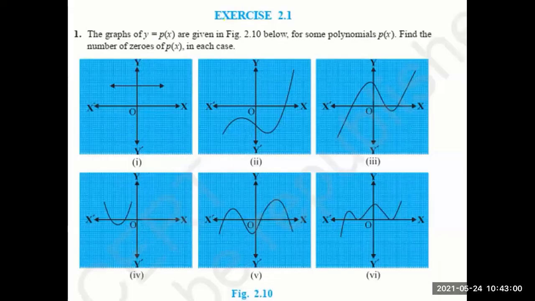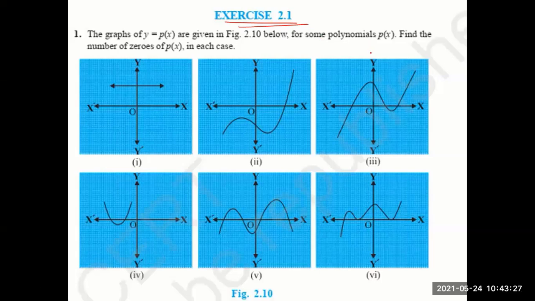Okay. So based on this, there is an exercise 2.1. After whatever notes you have completed till last class that I sent, you need to solve this exercise 2.1. Once you solve this exercise, you can continue with the next notes.